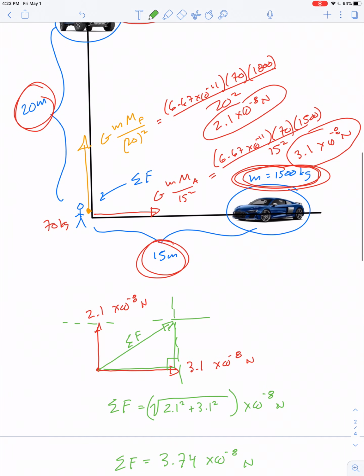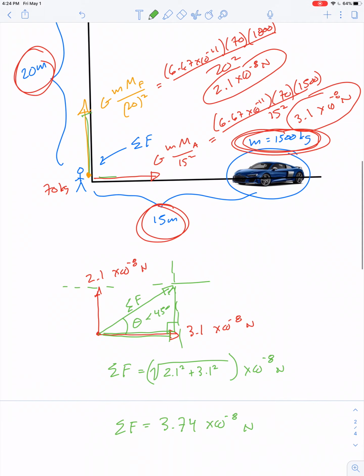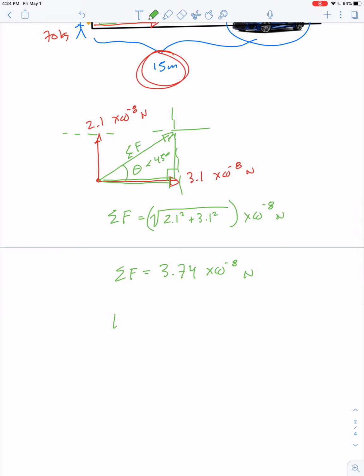You might be interested in what's the angle that you're being pulled at. You're being pulled more upward or more to the right. Well, you're pulled more to the right, so this angle for the net force is going to be something less than 45 degrees. If you want to find out exactly how much, we could say tangent theta is equal to the force along the y-axis divided by the force along the x-axis.